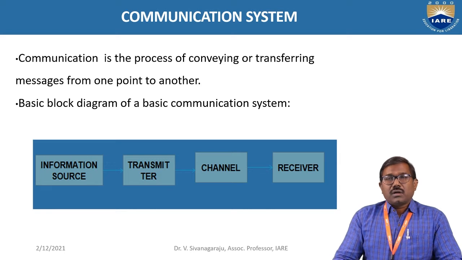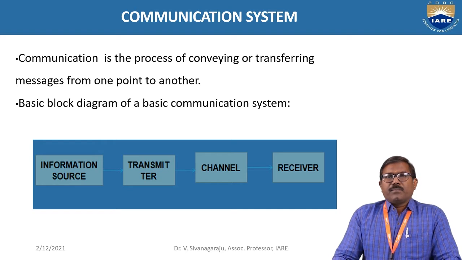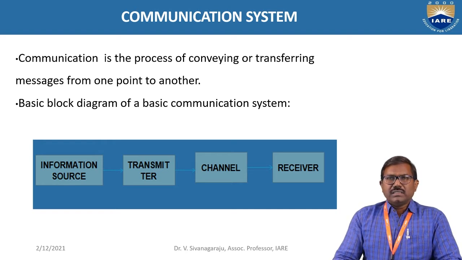Communication means transferring or conveying the information from one point to another, simply from source to destination. So the information is necessary, and it may be in analog form or in digital form.